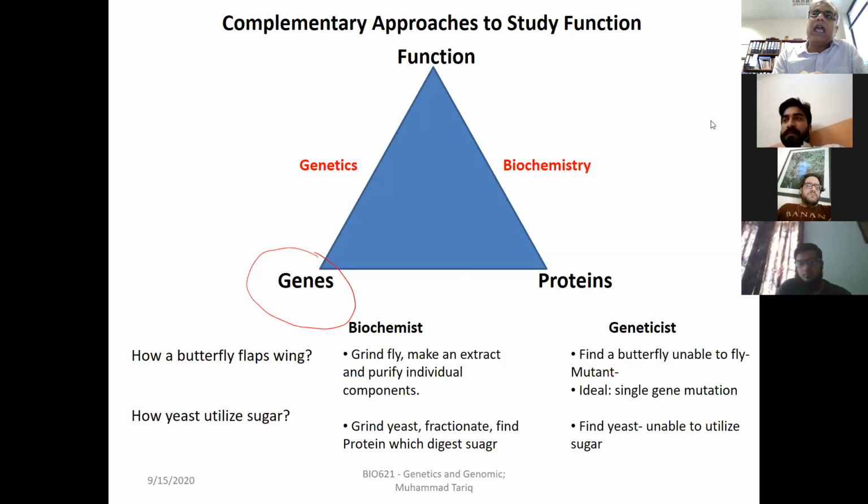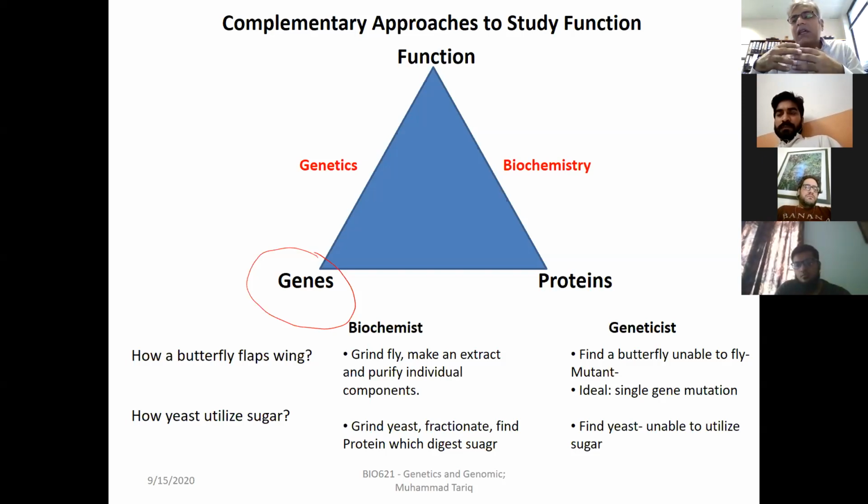And while creating mutants, what the geneticist aims at is this: since I'm interested in the question of how butterfly wing development takes place, or fruit fly wing development takes place, or how it can flap its wing, as a geneticist, you will create a fly in which wings are defective, wings are missing, or wings are deformed, and the rest of the organism is viable.